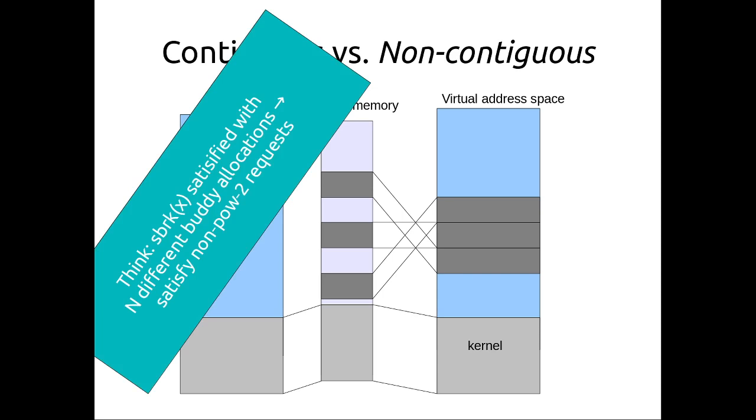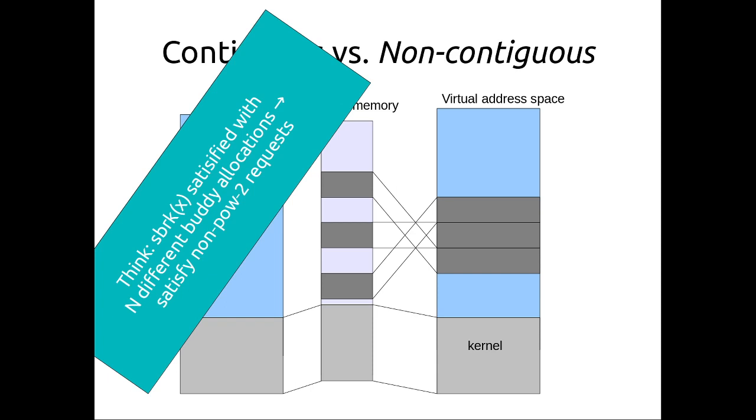And what you really want to think here is that what we're trying to do is support things like sbrk and mmap, right? So if they call sbrk with a value of x that isn't a power of 2, then we're probably going to want to call a buddy allocator multiple times with different request sizes to be able to satisfy that x request.